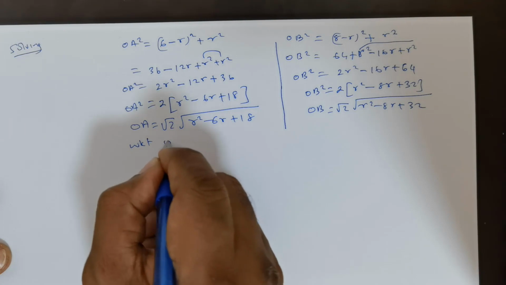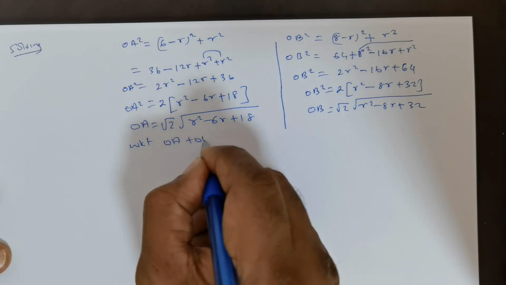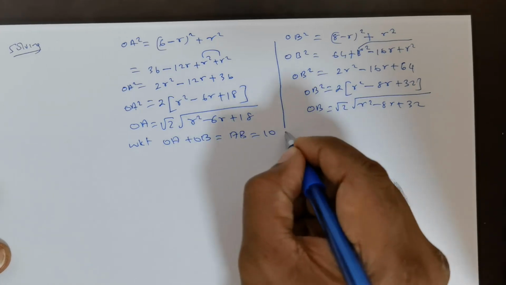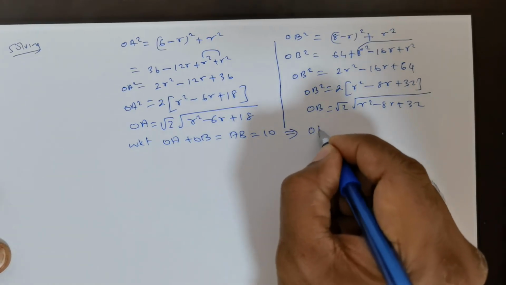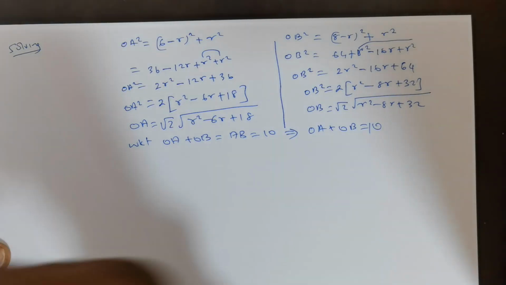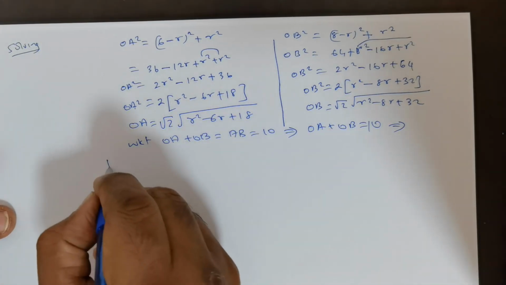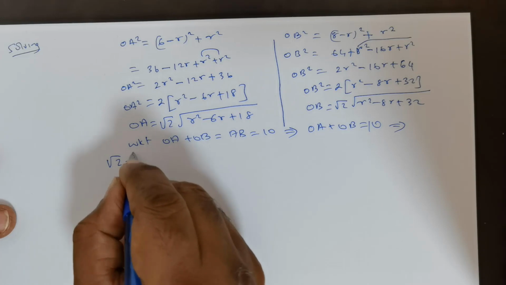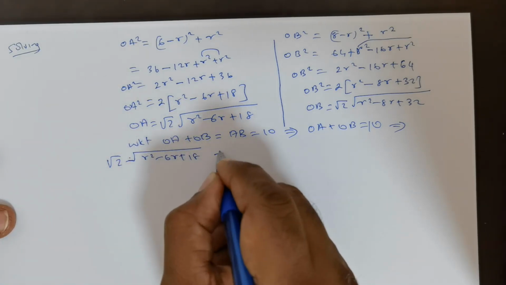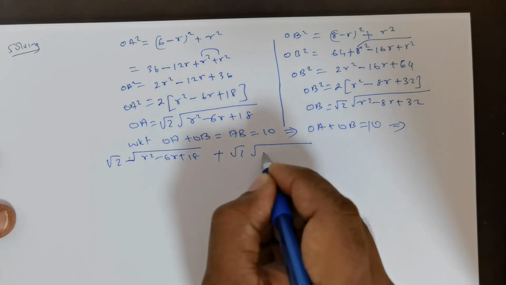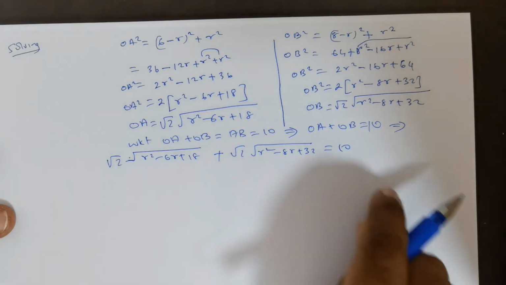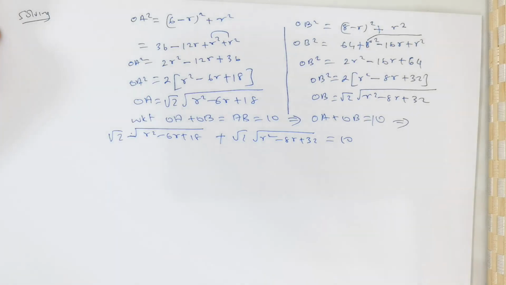Now we know that OA plus OB is equal to AB, which is equal to 10 units. This means OA plus OB is equal to 10, which in turn means root 2 times root of R squared minus 6R plus 18 plus root 2 times root of R squared minus 8R plus 32 is equal to 10. So I will show you how to solve this in a minute.